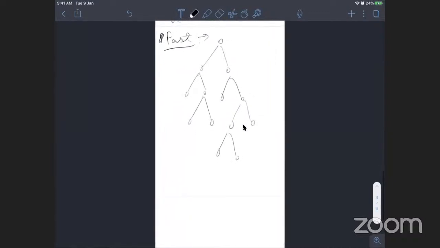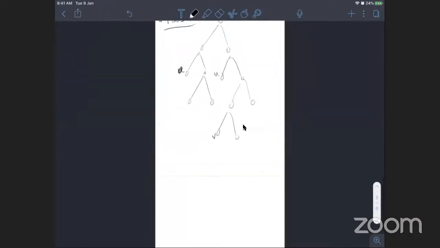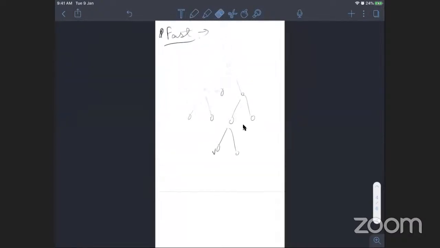Let me think. Let's say this is U, this is V. Okay, I'll explain it this way. Don't think about the tree that much, just think about the slow method. That's the important thing. In the slow method, notice what was the first step.